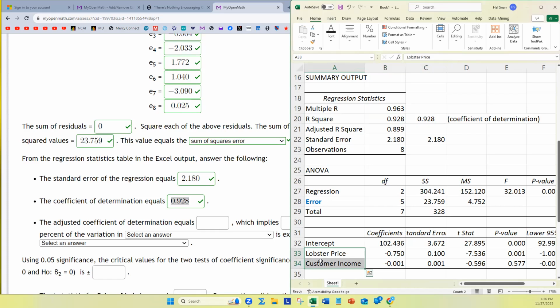We're using two things to predict one thing, right? When we have multiple regression, we have multiple x's. Here we have 2. In that situation, we can't interpret this. We have to interpret the adjusted R square, which in my case is 0.899.